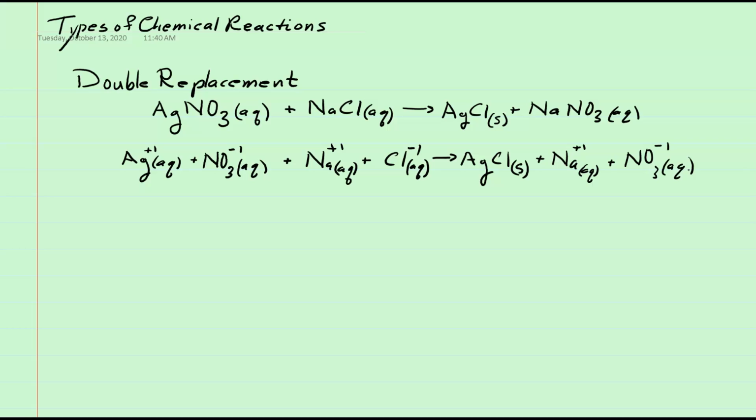In order for you to be able to work with double replacement reactions, one of the things that you have to do is to know the details regarding the process of precipitation, for example, and you have to know what types of compounds are soluble and what types of compounds are insoluble.